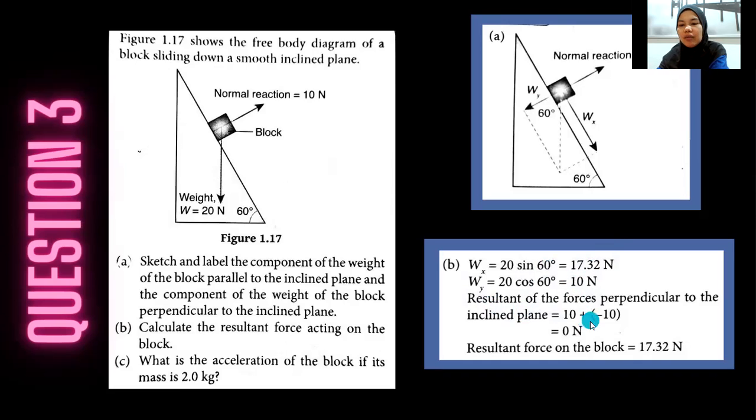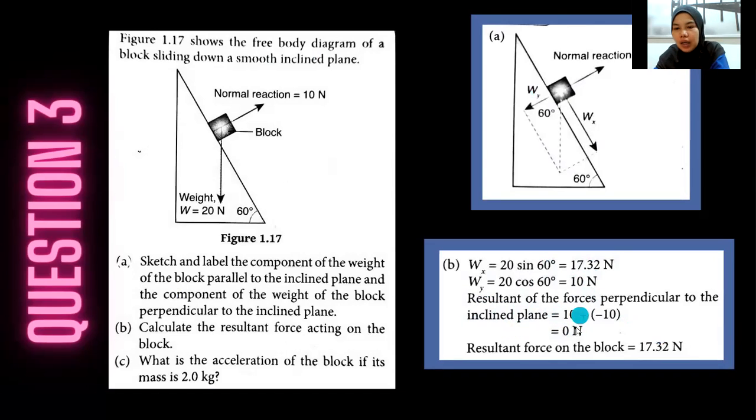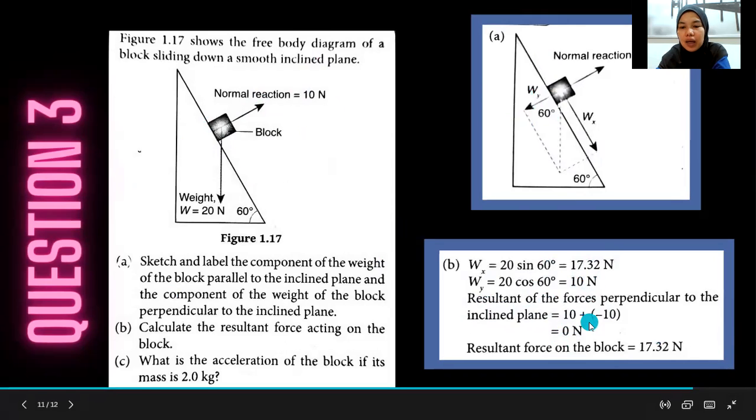Resultant of the force perpendicular to the inclined plane. Here is your inclined plane, normal reaction. Resultant force perpendicular to the inclined plane, that means the y-axis. Normal reaction is equal to 10, and Wy is equal to 10. 10 minus 10 is equal to 0.